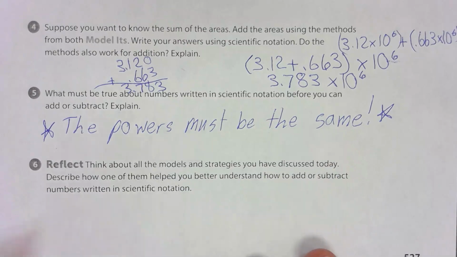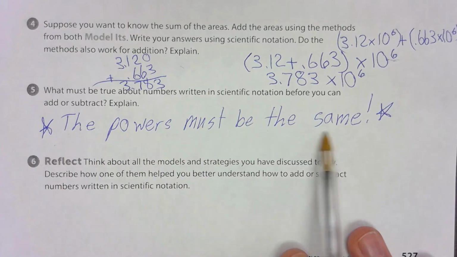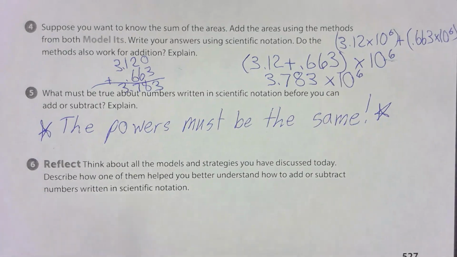When you get into the practice next, you'll notice that some of them are already the same. When that happens, this is really, really easy. The only difficult time is when they are not the same, and then you need to change it around or write it in standard form. So I gave you 2.5 different strategies for doing this.